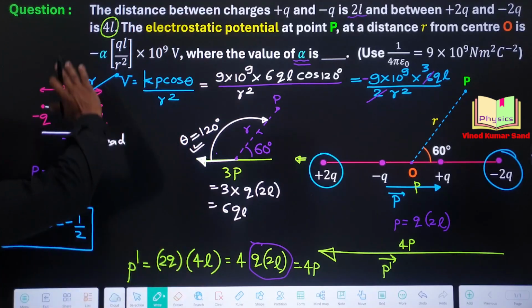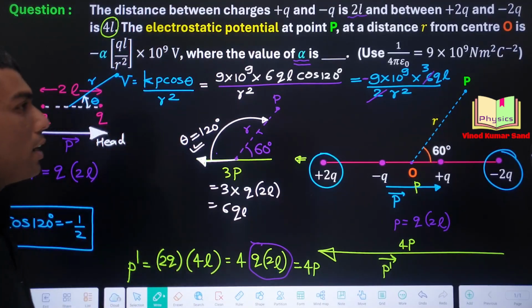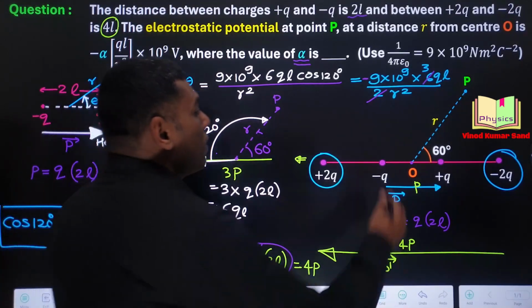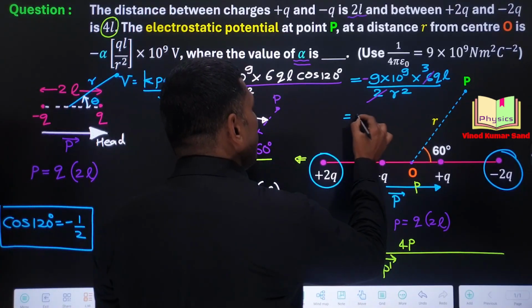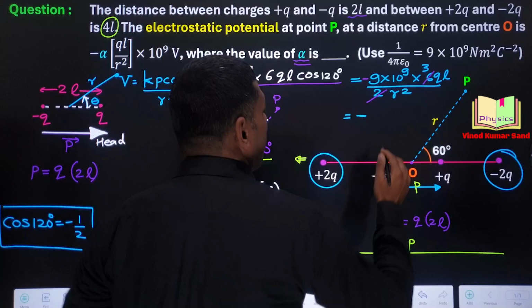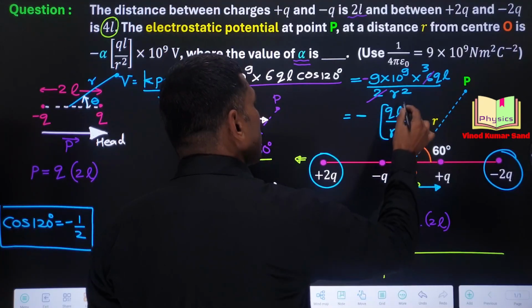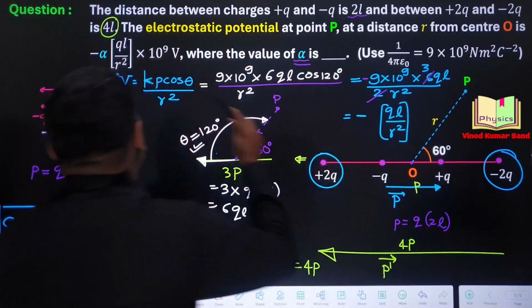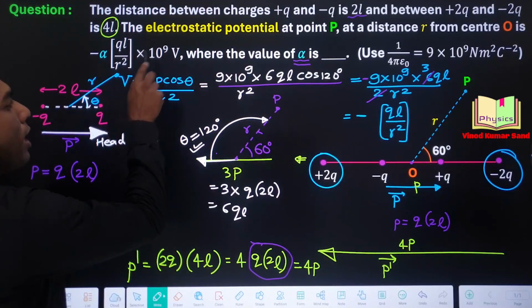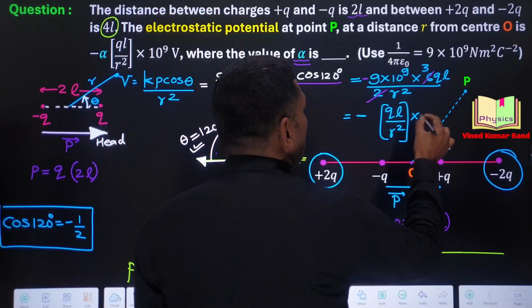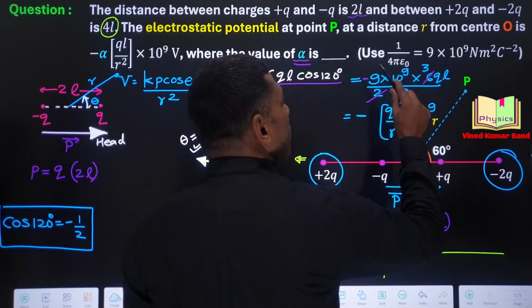Now we have to match it with the given format. So I'll segregate QL upon R square. So here is the minus sign. Then we have to segregate that term QL upon R square. We have segregated that term. Minus sign QL upon R square into 10 to power 9. 10 to power 9 is already available. Here is this 10 to power 9.